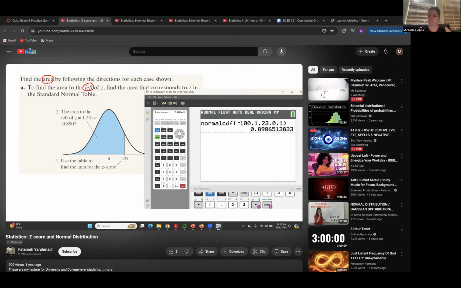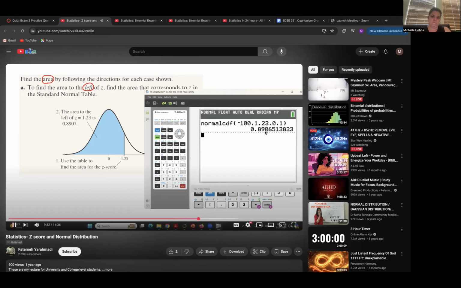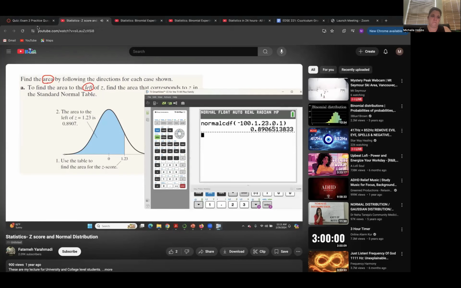Hit enter, and as you can see, the area or the probability is 0.89065. But if you were to round it to 4 decimal places, since you have a 5, you're going to add 1 to 6, so it becomes 0.8907.